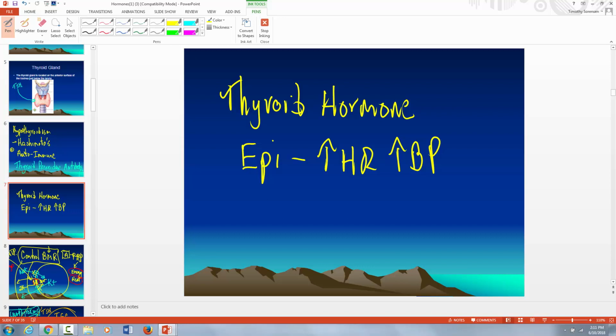So if you have low thyroid hormone, as seen in Hashimoto's, then the effects of epinephrine are going to be blunted. So epinephrine will have less of an effect, so that will drop their heart rate, and that will drop their blood pressure.